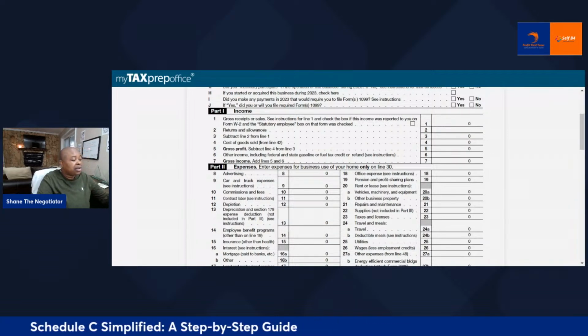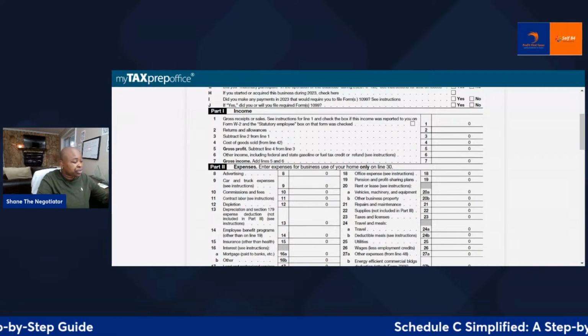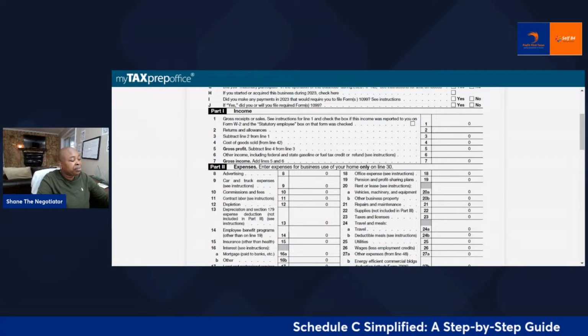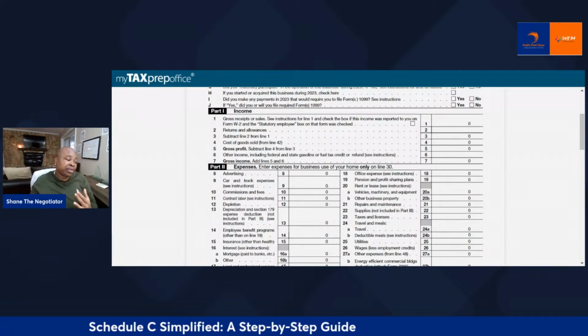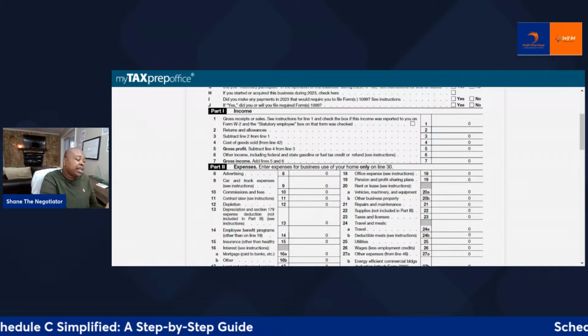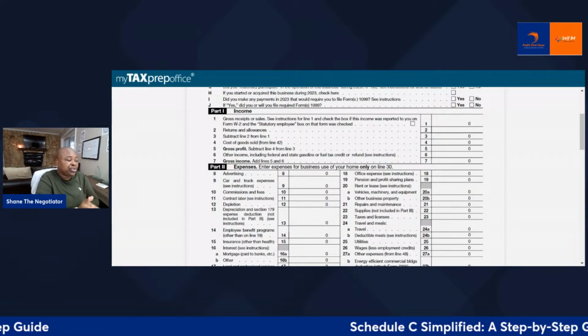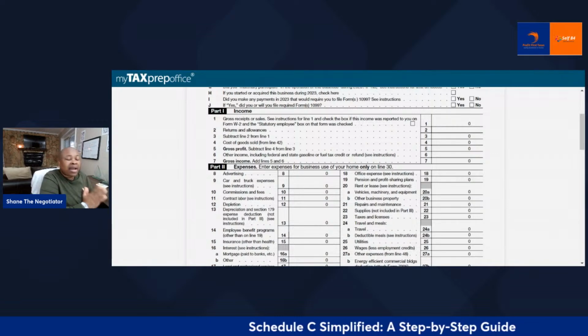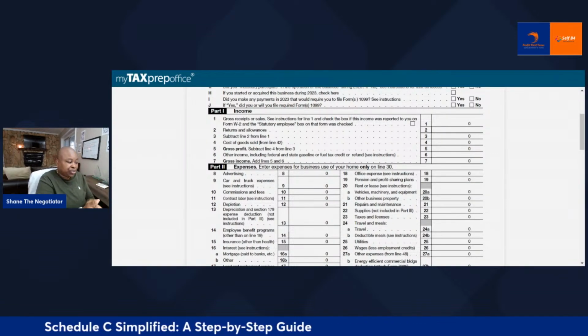See instructions for line one and check the box, if this income was reported to you on W-2 and the statutory employee box on the form was checked. So if you're a statutory employee and your income was reported on a W-2, you would complete a Schedule C. Everybody else, if that box was not checked, then you do not complete a Schedule C.